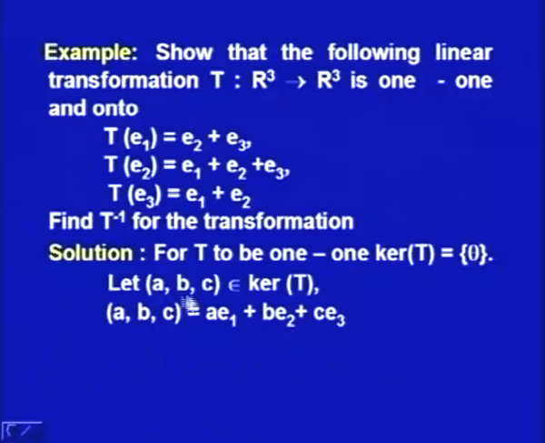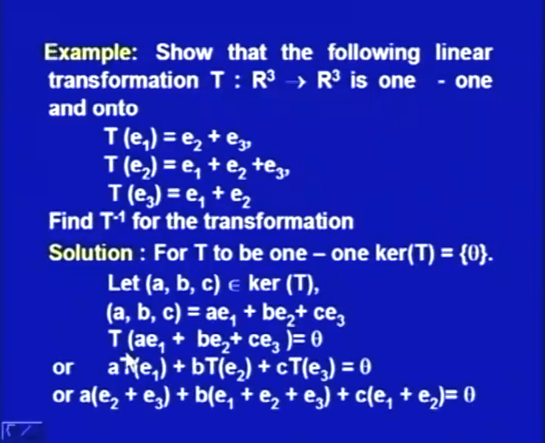So, let us have ABC belonging to kernel T, and it can be written as AE1 plus BE2 plus CE3, that is any vector in R3 can be represented as a linear combination of the basis vectors E1, E2, E3. Then we apply the linear transformation on this.